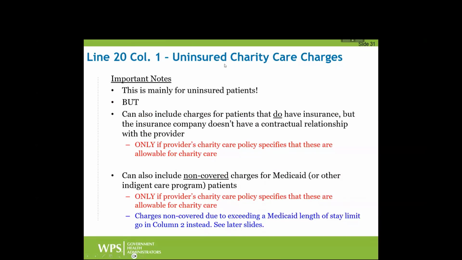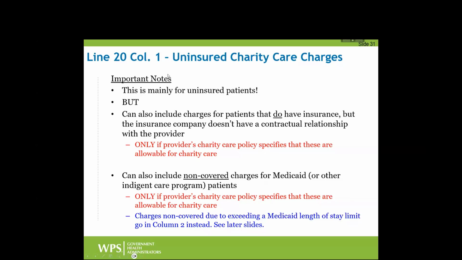When you think of uninsured, you say, hey, they have absolutely no insurance whatsoever, but that's actually not always the case. You could have a patient that technically has insurance, but the insurance doesn't cover them at that hospital because they don't have a contractual relationship with that provider. So that could happen, and it's unpaid, it's uncovered for sure, non-covered.